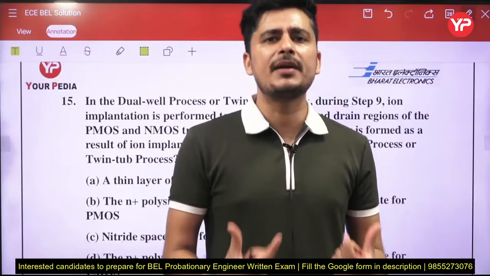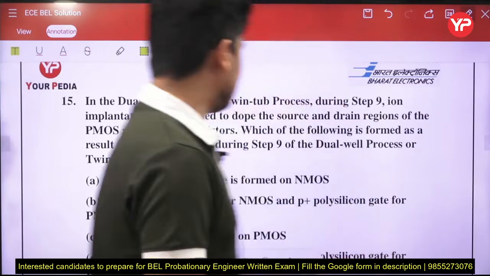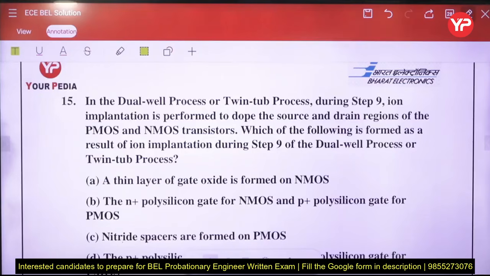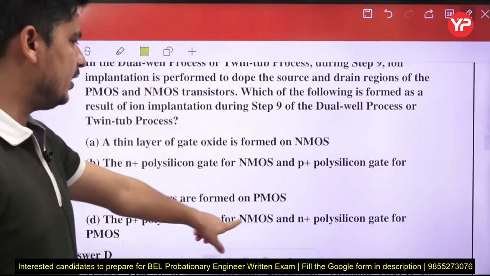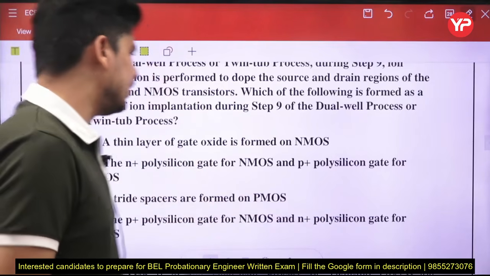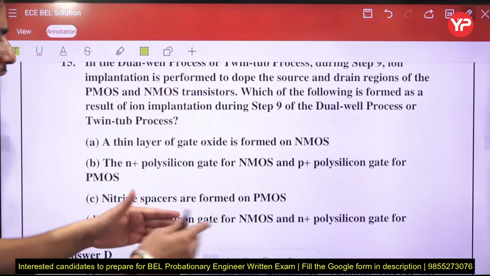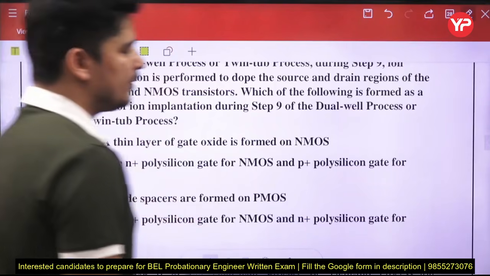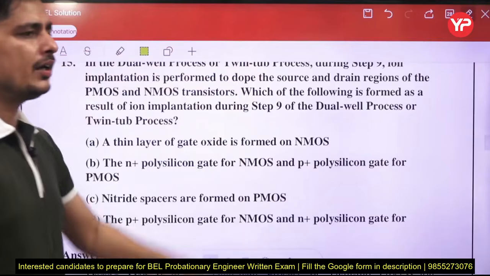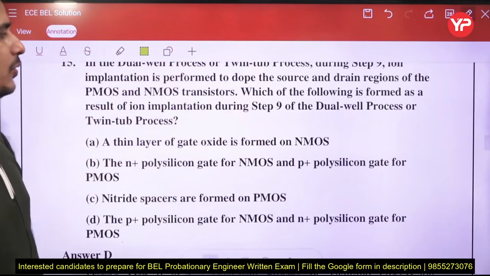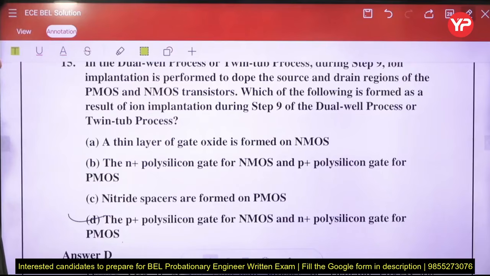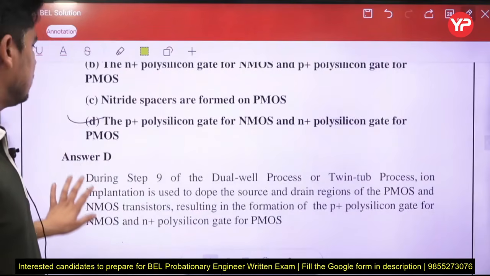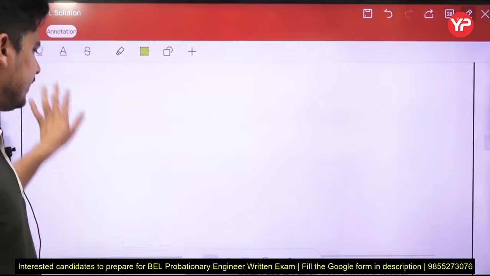So by doing the doping, we are forming a P+ polysilicon gate in NMOS and an N+ polysilicon gate in PMOS, right? You can watch one video I already made on this dual well process, in which I taught you why we make a polysilicon gate. So this 9th step is performed using ion implantation. We are making a polysilicon gate on that, right? In PMOS we make P+, and in NMOS we generally make an N+ polysilicon gate.